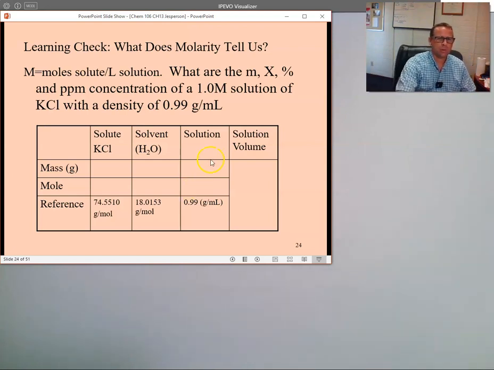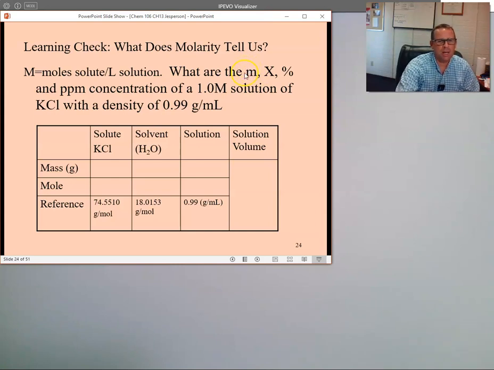So here's a question. What is this M here? Whose turn is it? Leata. What is this M here? Little m. Molality.